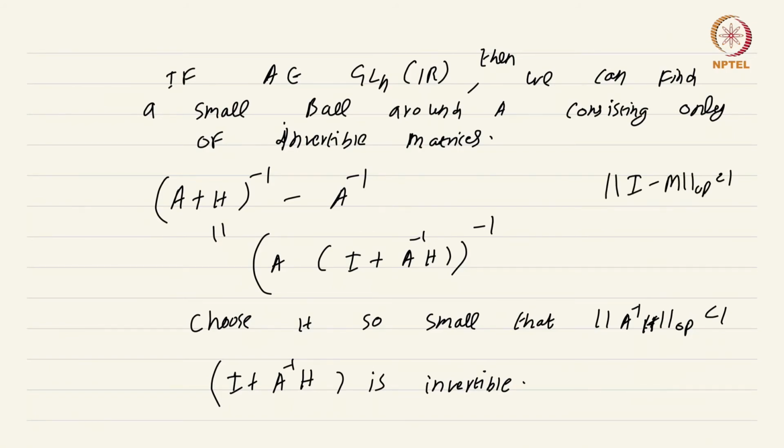Here I have that the operator norm of A^{-1}H is less than 1, so I + A^{-1}H will be invertible. Okay. And what is its inverse? Well, it's this infinite series, which is going to be very complicated. The inverse of I + A^{-1}H is going to be nothing but I minus A^{-1}H, the whole inverse.